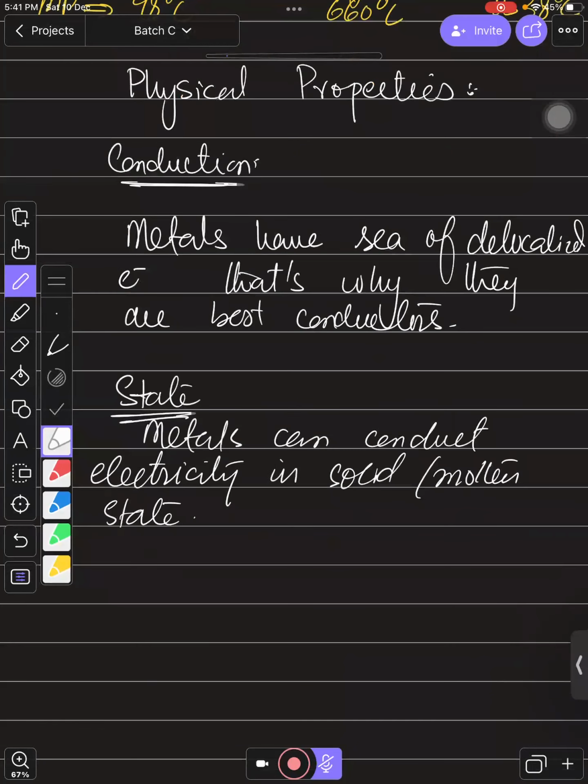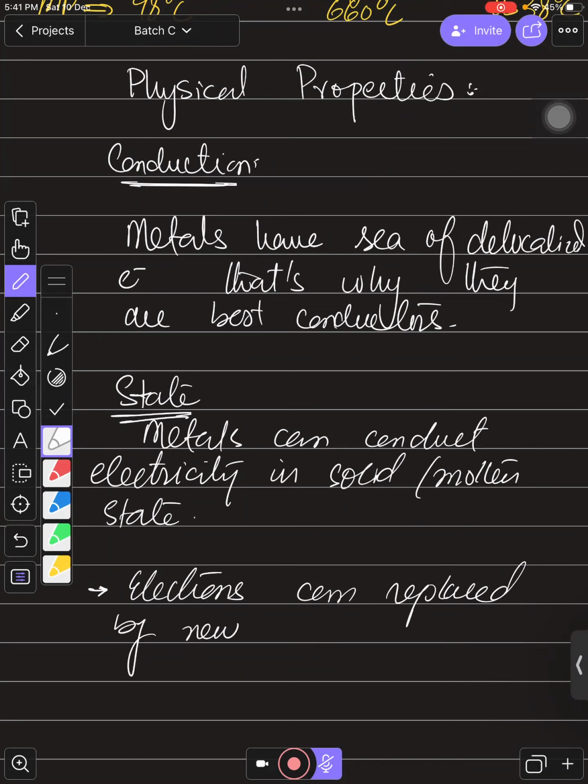Another thing is that during conduction, when electricity is passed, the electrons can be replaced by new electrons, while the positive ions remain in their position.